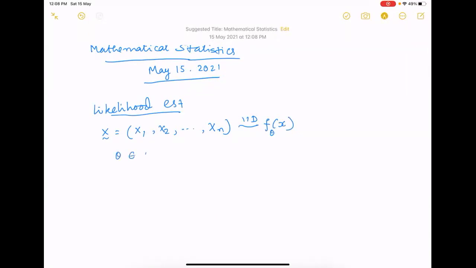Theta belongs to some parameter space capital Theta, and it's unknown. Our main target is to learn or estimate theta from the data.